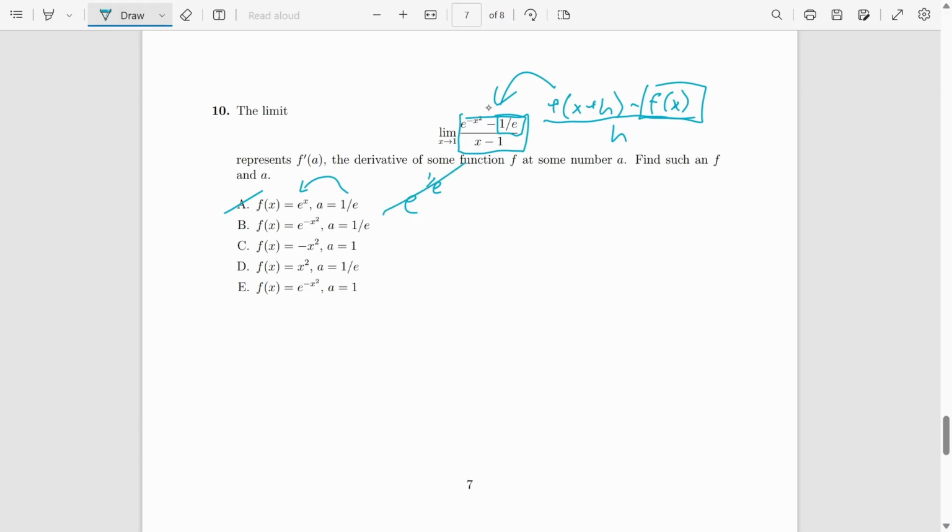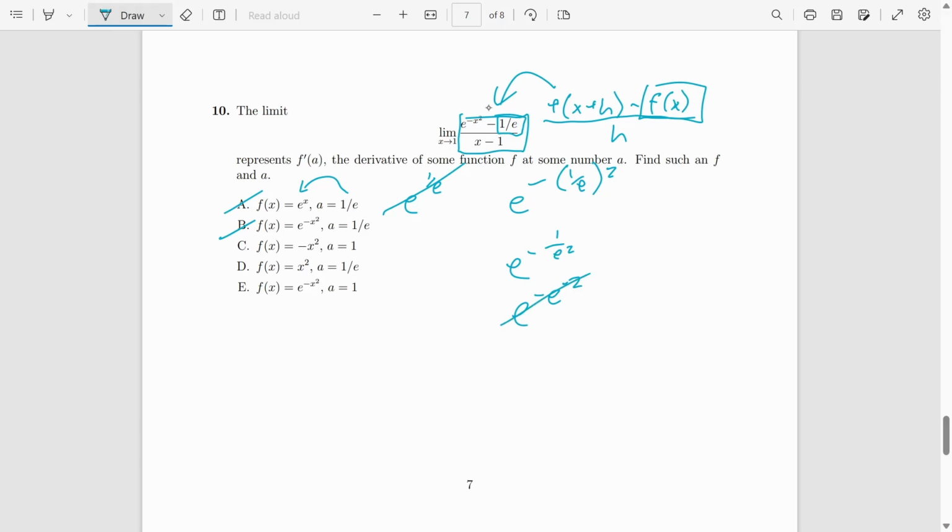So B would be e to the negative 1 over e squared, which is e to the negative e to the negative 2. That's looking pretty funky too. I don't think that's going to get back to just 1 over e, so that one's out.